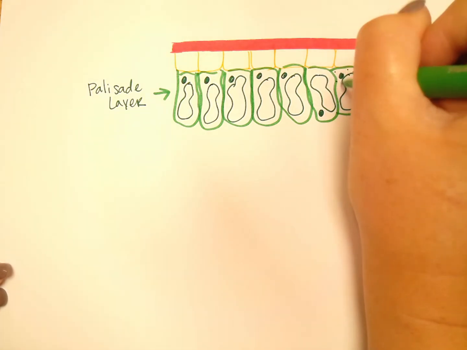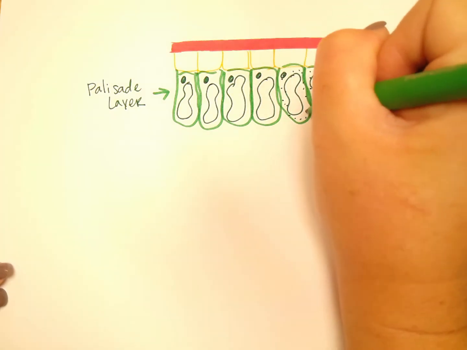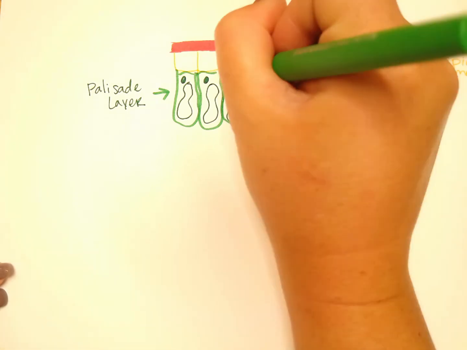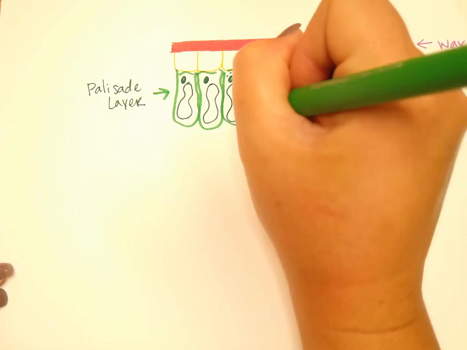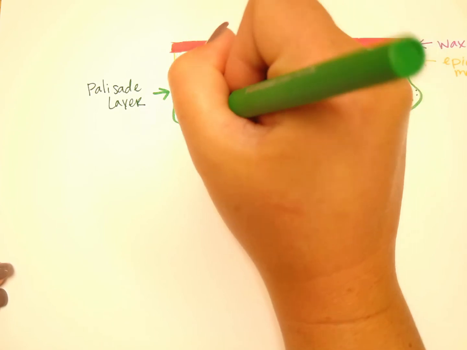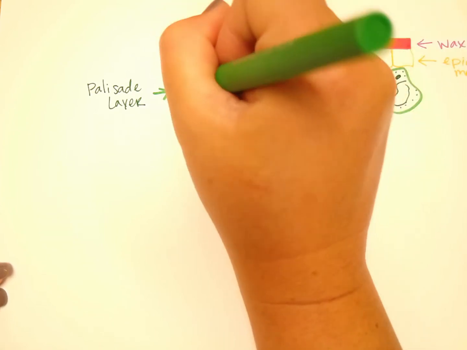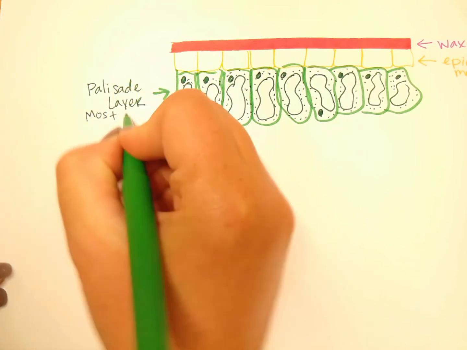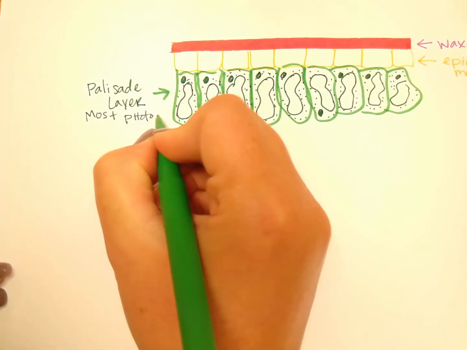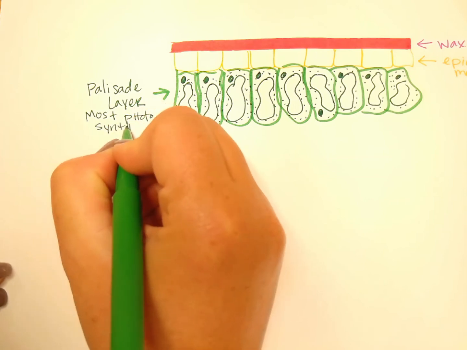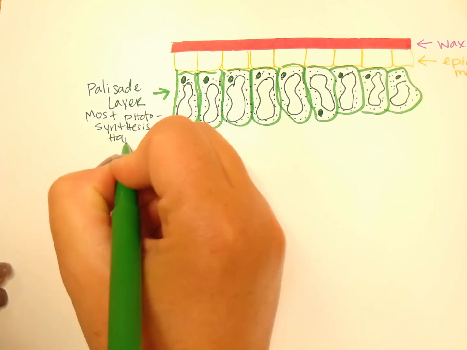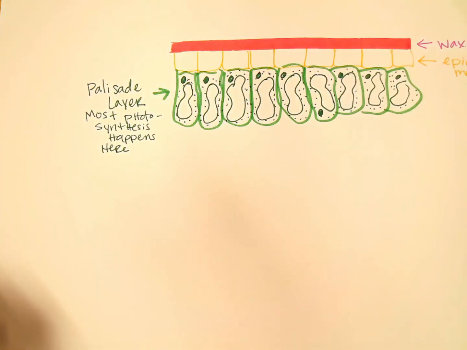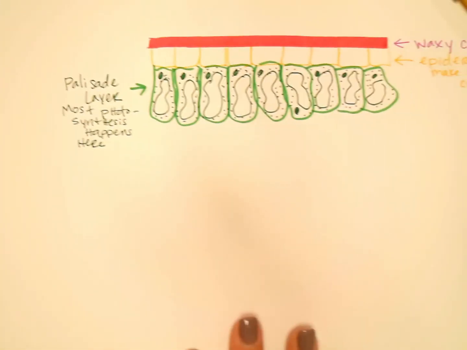So this layer, because it is packed with all kinds of chloroplasts, using chlorophyll to capture that light energy from the sun, is important to the leaf because it is where most photosynthesis occurs. Okay, most photosynthesis happens in the palisade layer.